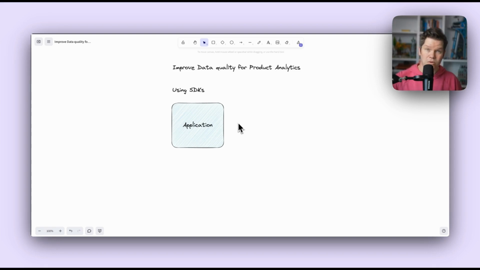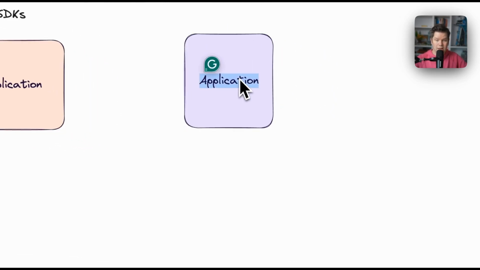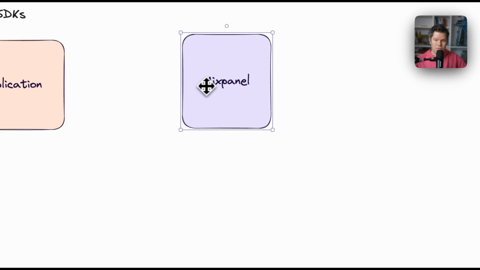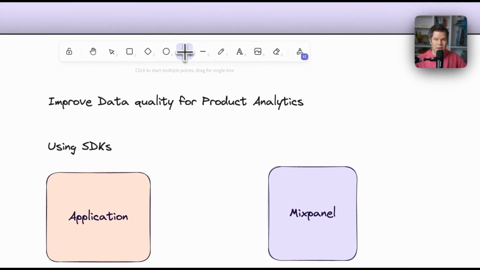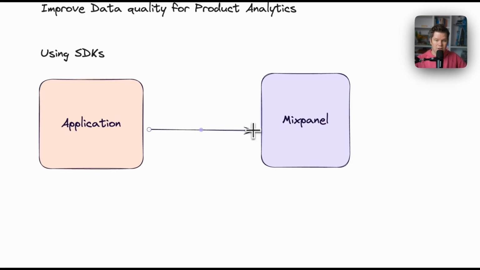You come to the website, you click on login, you log yourself in, and then you do stuff. It can be something like Miro, Jira, Asana, whatever. And of course, we want to get the data, how people are using our product, into Mixpanel, so that we can analyze how features are performing and how adoption works and all the different things that we discuss on this channel all the time.